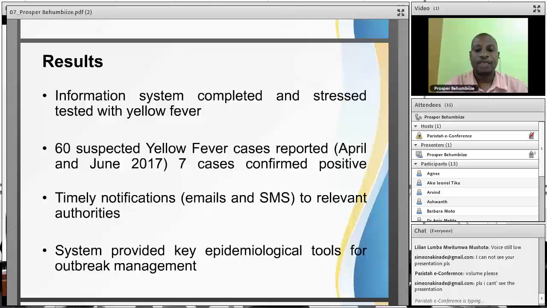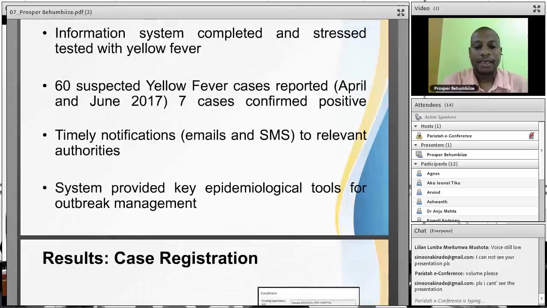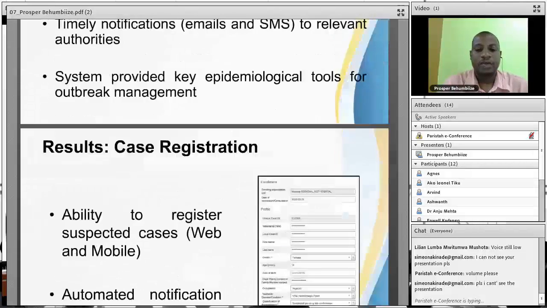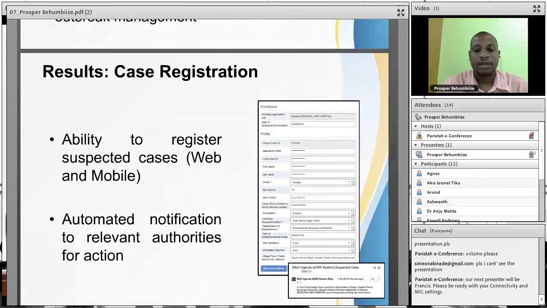In terms of results, as I shared, we built on DHIS2, the District Health Information Software, which is open source. We were able to stress test it using this outbreak. We entered all the cases, and the outbreak had a total of 66 yellow fever cases, of which 7 were confirmed positive.